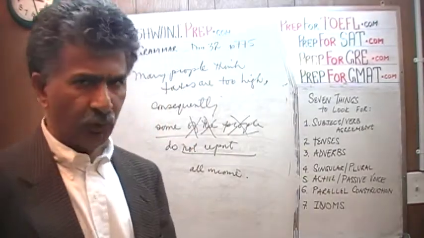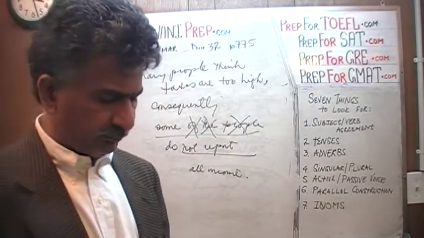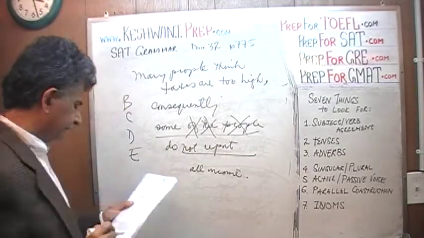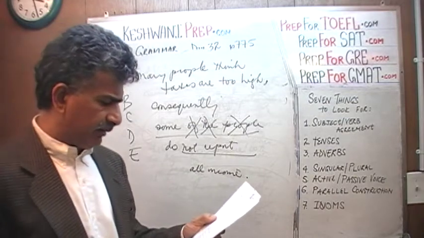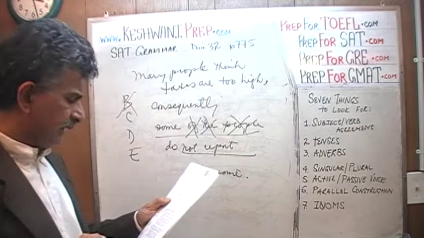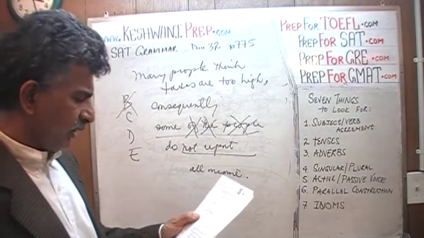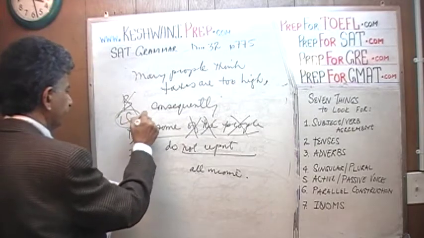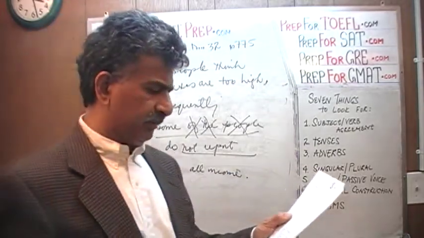We're going to find, as always, the one that comes closest to it. B says, therefore, some of the people. No, we do not have "some of the people." C says, many people feel taxes are too high. Consequently, some do not report. There you go. The answer is C. What does D say? Some people do not report.